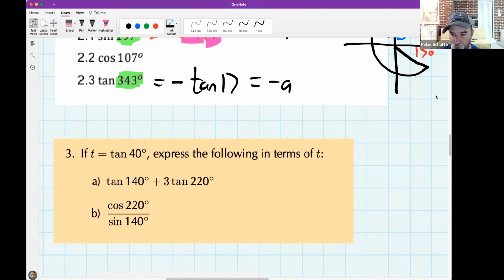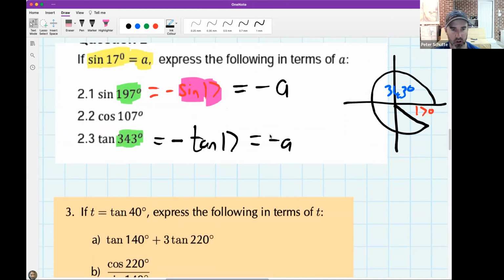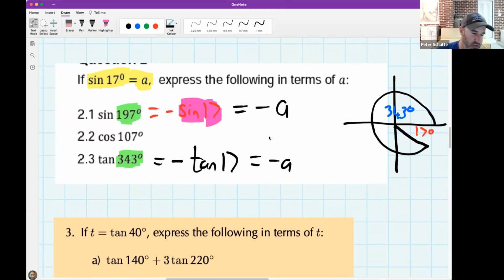Go ahead, Andre. Why is it just negative a and not negative sine a? Okay. So there's a substitution that's happening where at the beginning, there was sine 17 is a.